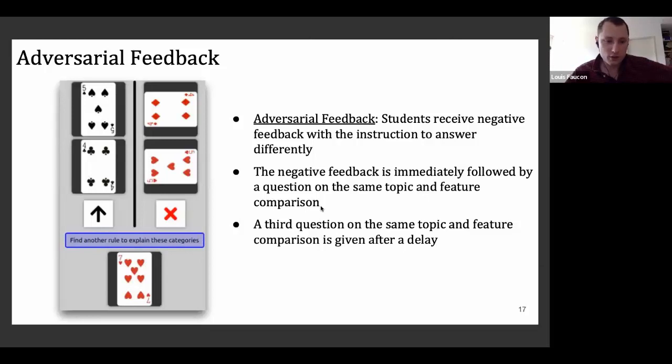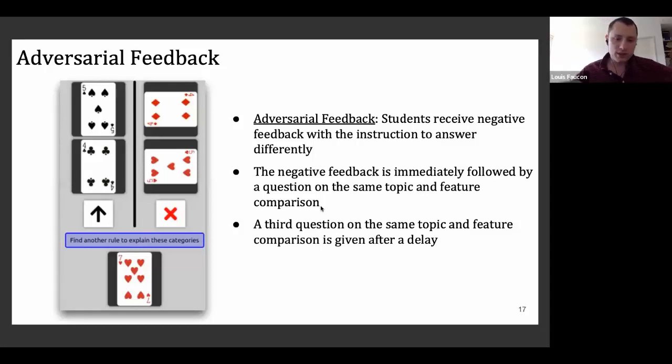He thought the card should be classified in the category of red cards, but the negative feedback instructs the student to figure out another rule that can explain these categories, and we expect the student to think of the orientation feature. This negative feedback was directly followed by a different question, but on the same topic and same comparison of features.